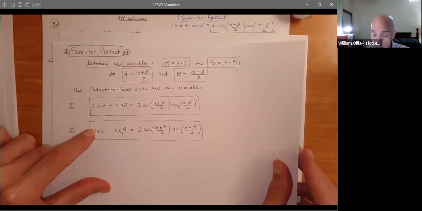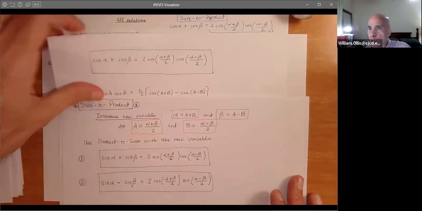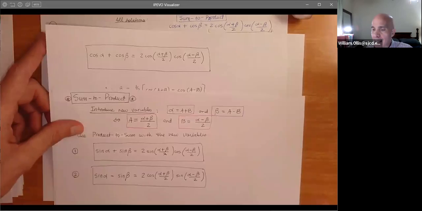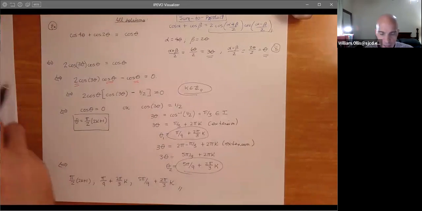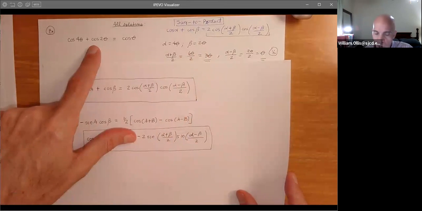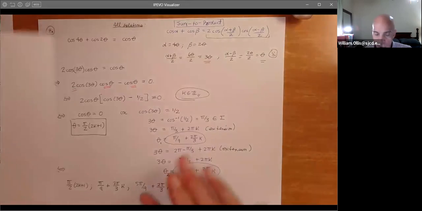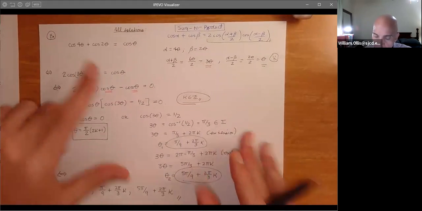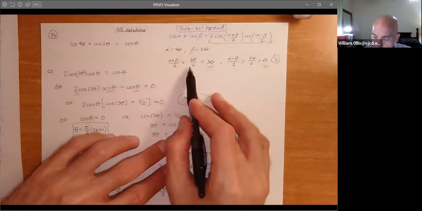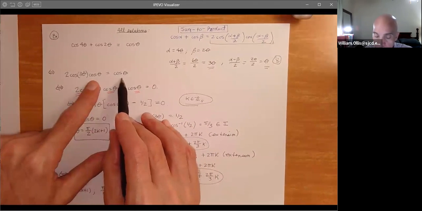I agree, very limited, but very useful. So if we're trying to utilize a technique, we can see here that this particular identity, as I've written here, is a way to open up a process to solve this equation. And so now what we see, we can analyze the alpha and the beta to get the correct arguments. And then, of course, we have a much simpler problem.